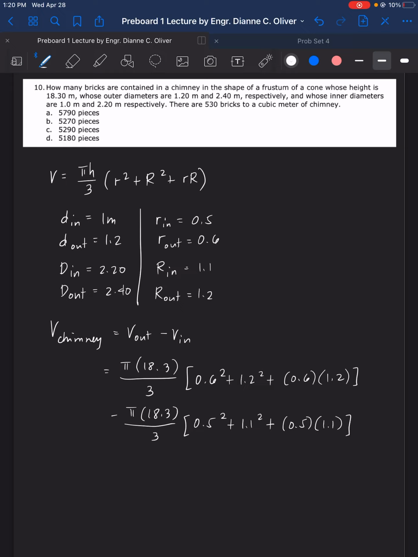Okay. So that is equal to 9.77 cubic meters.